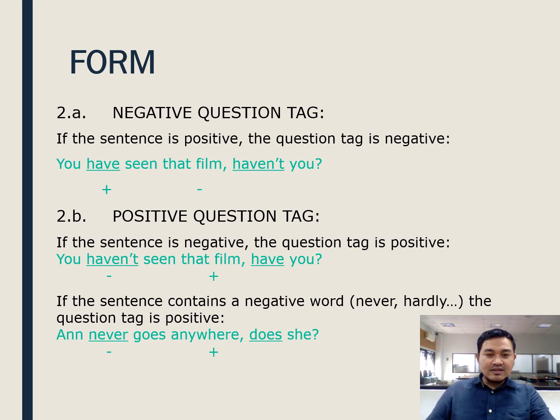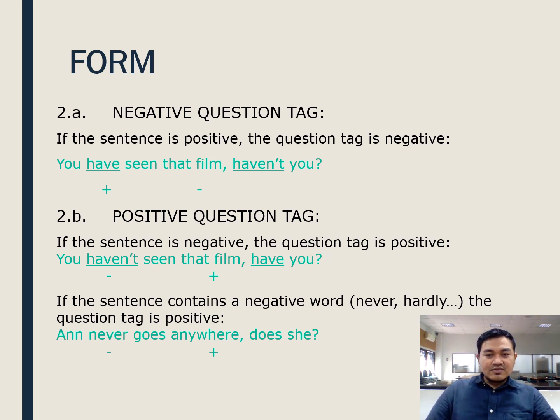So the simpler thing that you need to remember when you use the question tag is, if you see a positive sentence, you just say the question tag in the negative. But if you see a negative statement, you need to have the positive question tag.